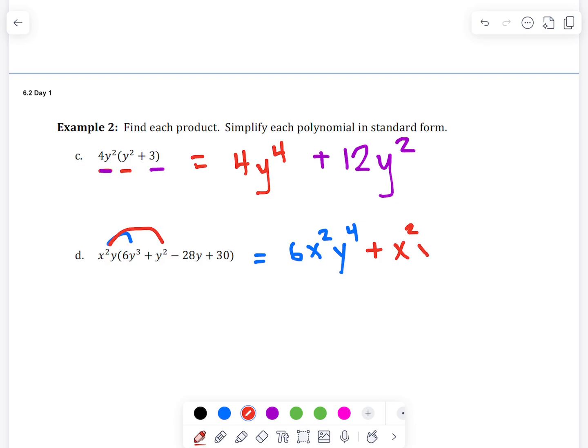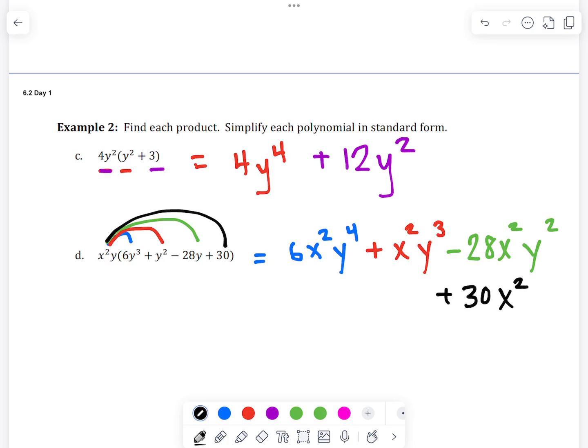Y plus y squared is y cubed. Distribute. Negative 28x squared. Y plus y is y squared. And the last one, plus 30x squared y.